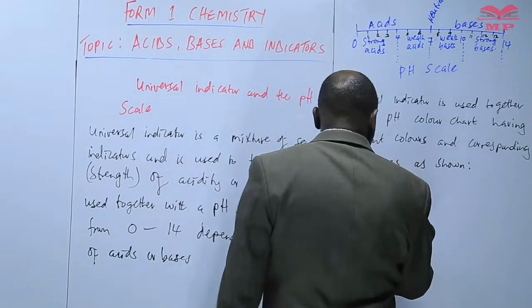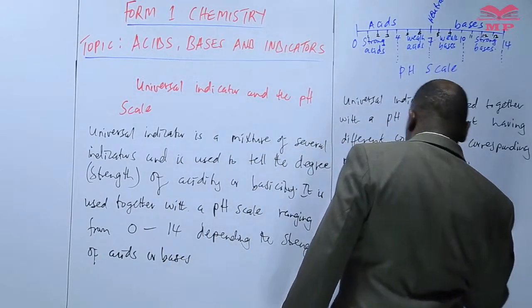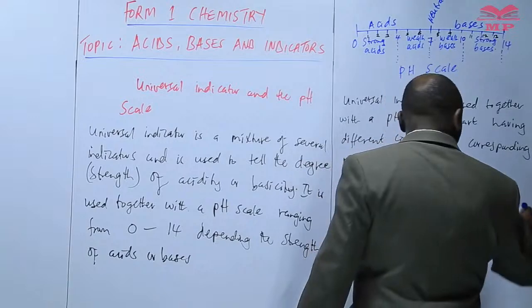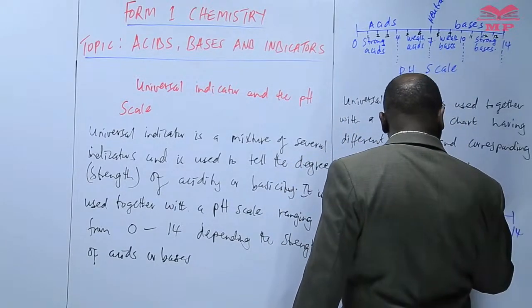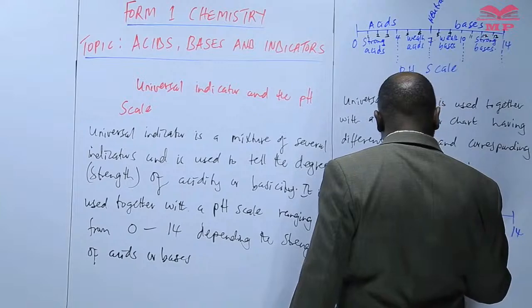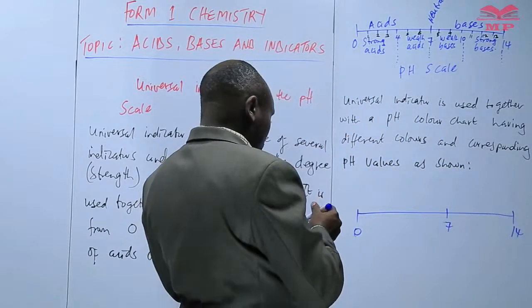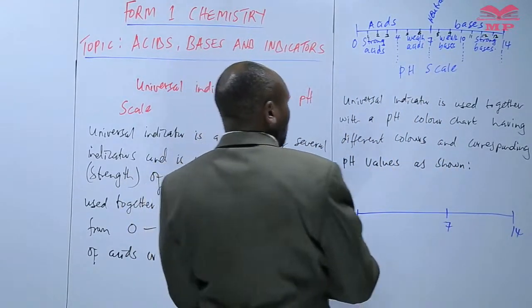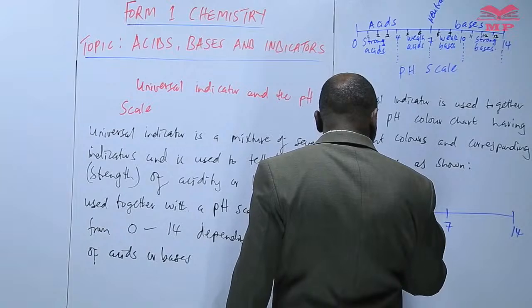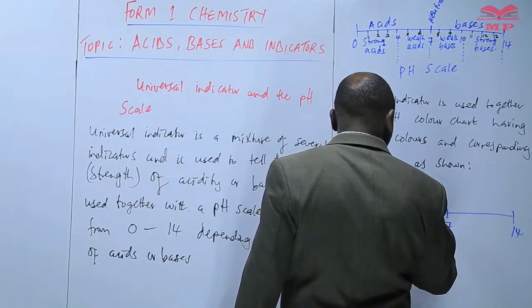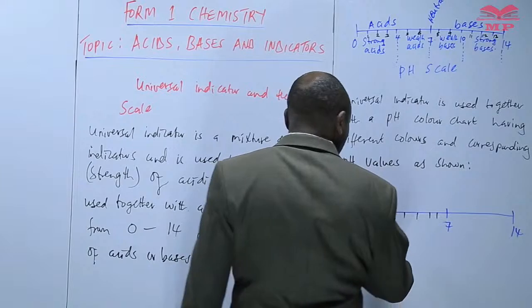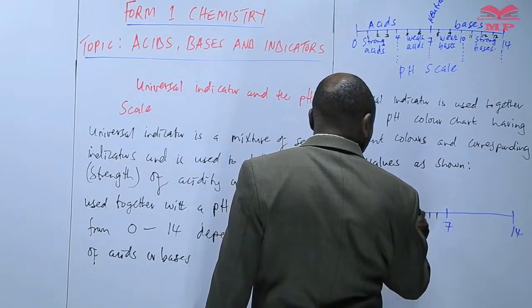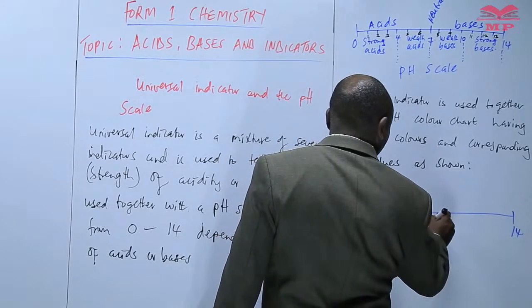So we'll still have the same pH scale from 0 to 14. The midpoint is 7. pH 1, 2, 3, 4, 5, 6.